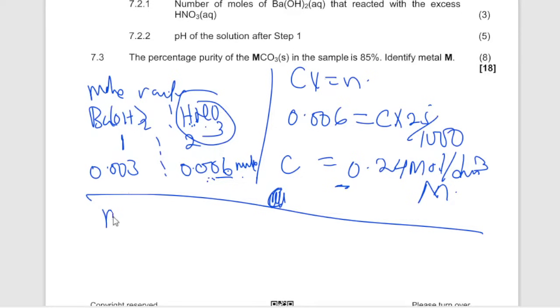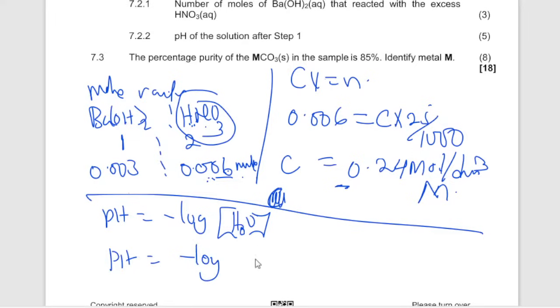Then the pH is equal to negative log of hydrogen concentration, or hydronium ions. We already know the concentration, so pH is going to be equal to negative log of 0.24. The pH is supposed to be acidic, and it gives you 0.62.